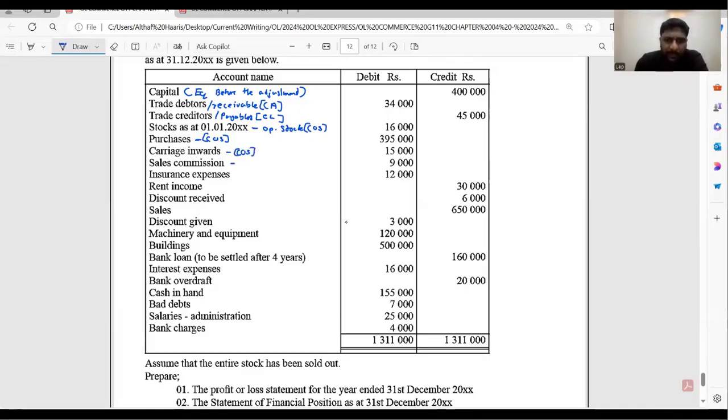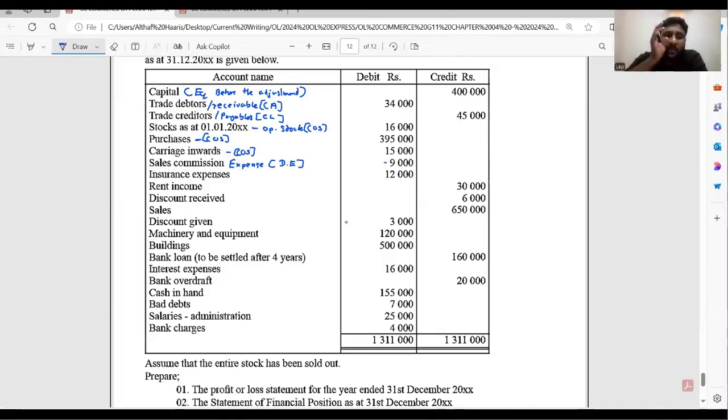Sales commission. It's there in the debit side. Since it is in the debit side, it is an expense. If it is there in the credit side, it is sales commission income. This is distribution expense because it is connected with the sales, I told you, expenses connected with the sales, marketing, customers, distribution, delivery.